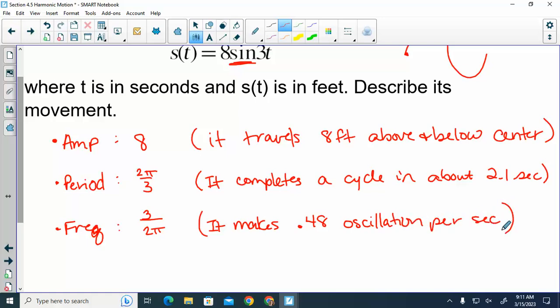So in 1 second, it's not quite halfway through. Questions there?